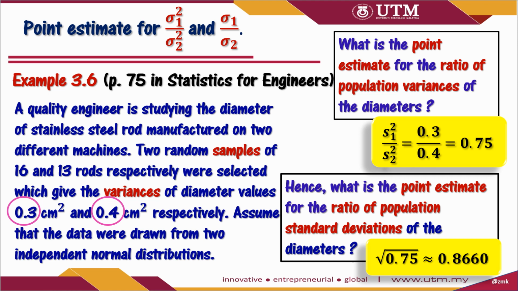In this example, you may conclude that based on the sample data, the variability of diameters of the rods produced by the first machine is estimated to be lower than the variability of the diameters of rods produced by the second machine, since the ratios are both smaller than 1.